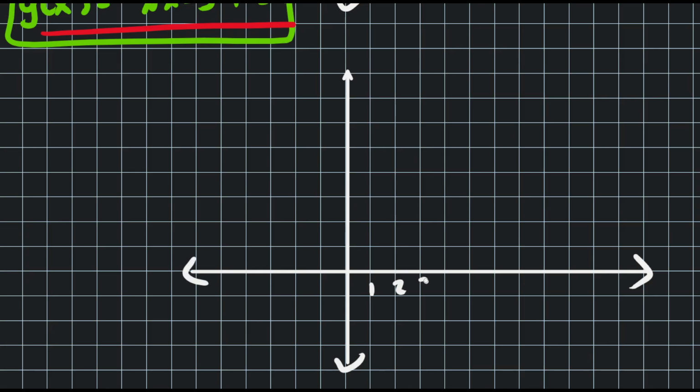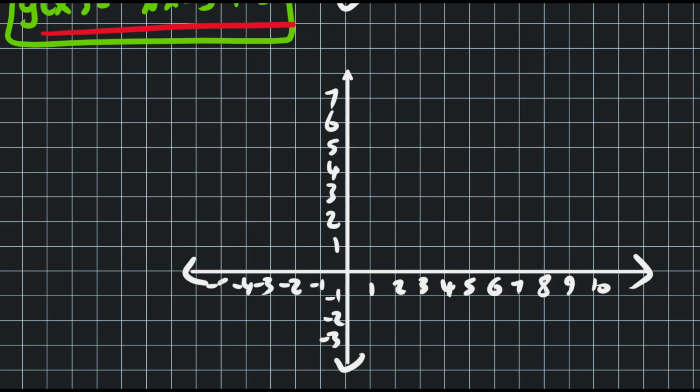So 1, 2, 3, 4, 5, 6, 7, 8, 9, 10. 1, 2, 3, 4, 5, 6, 7. -1, -2, -3. -1, -2, -3, -4, -5.